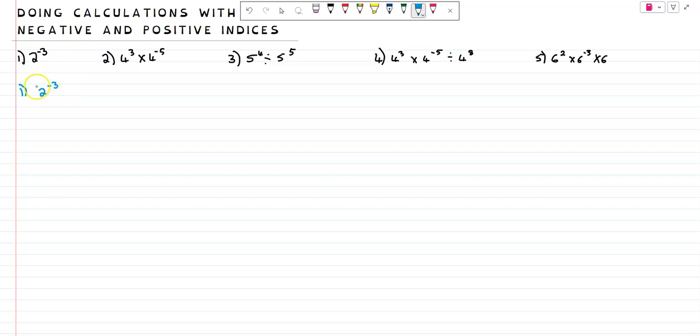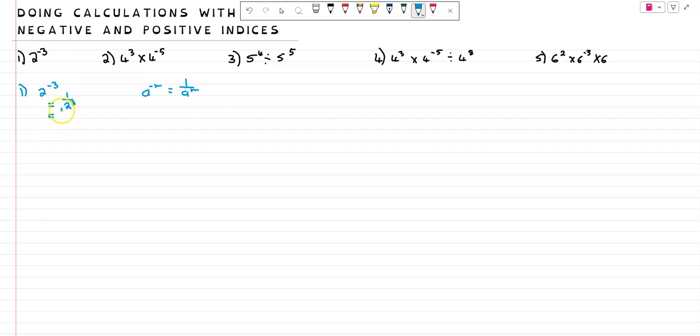Okay, so what rule are we going to follow here? Our rule is a to the power of negative m equals 1 over a to the power of m. So that is our rule, and then we can solve this. It equals 1 over 2 to the power of 3. Remember, we're not done yet.